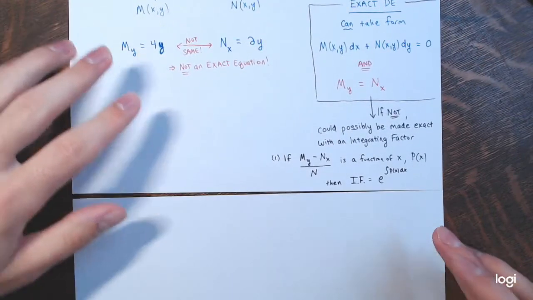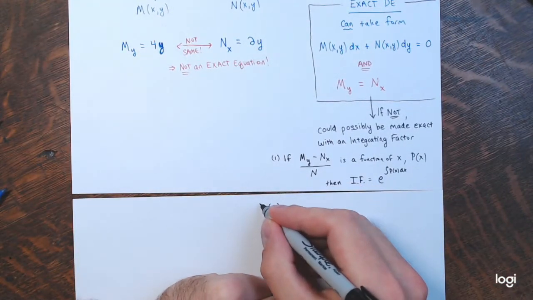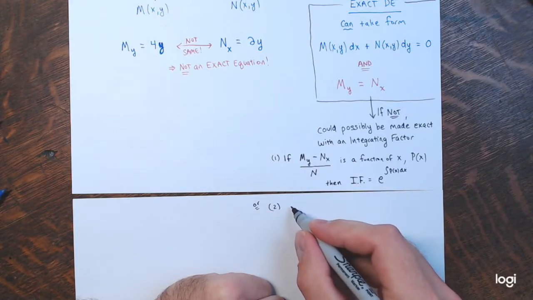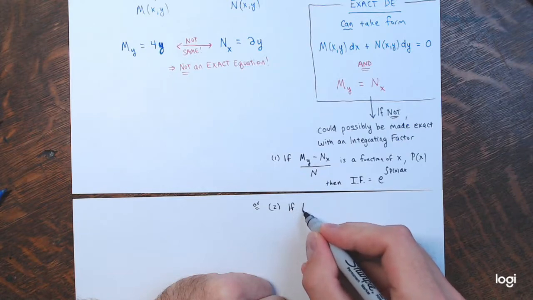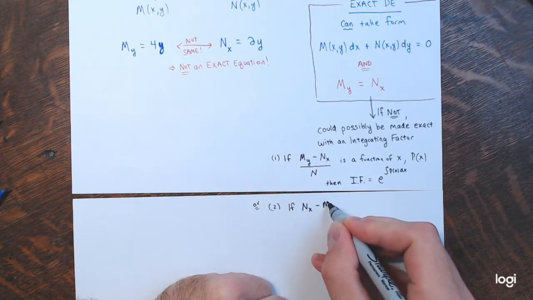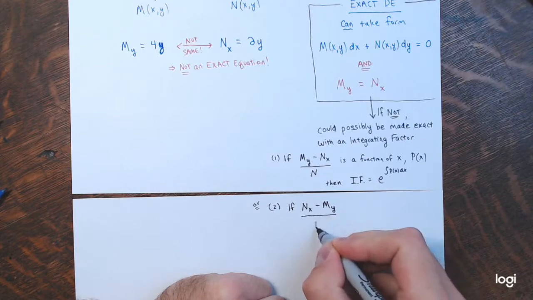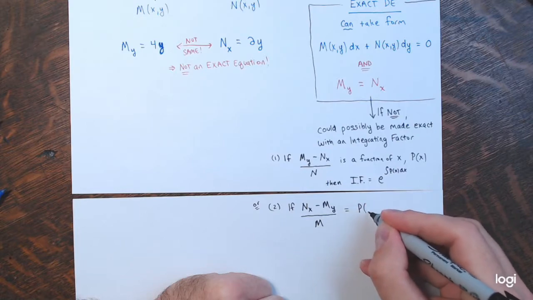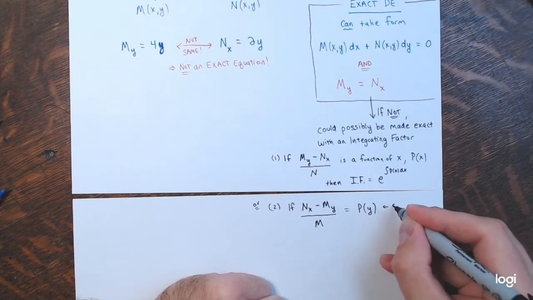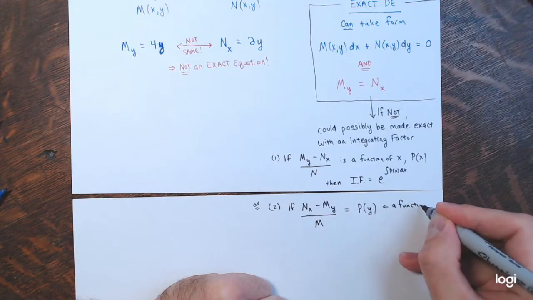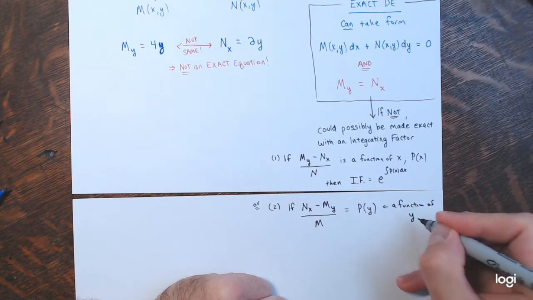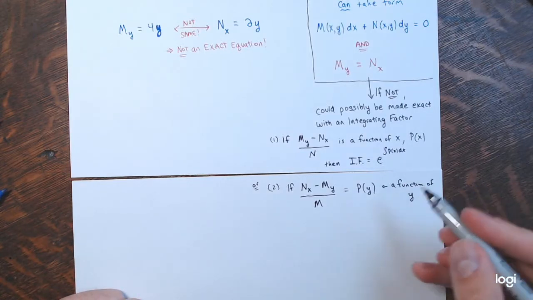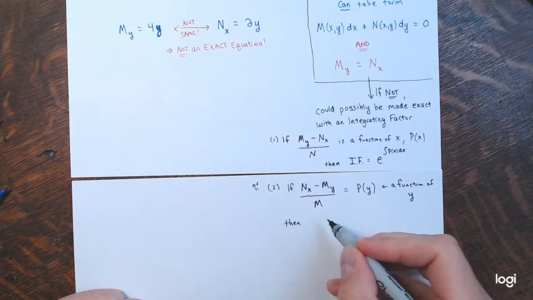Or, changing this expression a bit, if N sub x minus M sub y, divided by M, is a function of y, say P of y, a function of solely y, not x, and not x and y together, then the integrating factor will be some function of y.